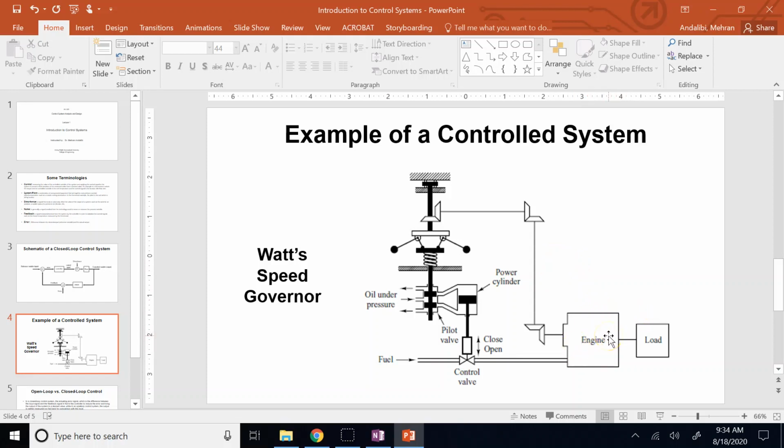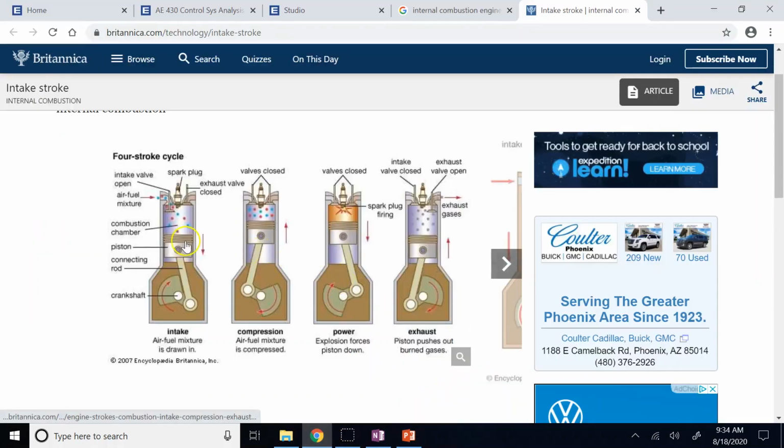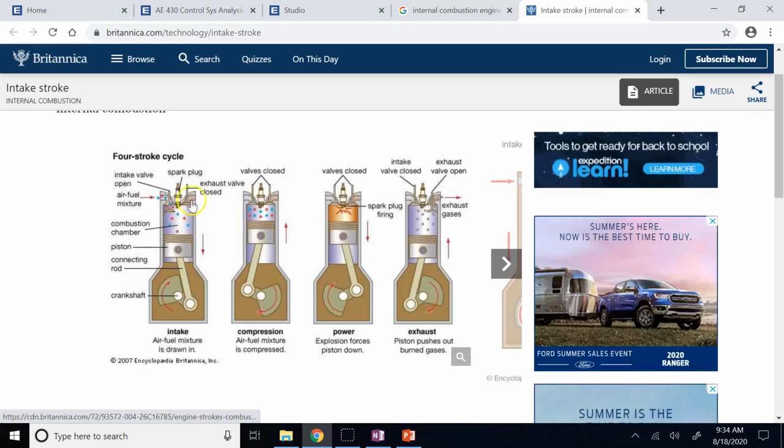Now your crankshaft is rotating faster, and when it rotates faster, what happens? Since the piston moves down faster, the vacuum that you create here is going to be a little bigger. The change in pressure is going to be bigger, so the pressure in the combustion chamber is going to be lower than it used to be.